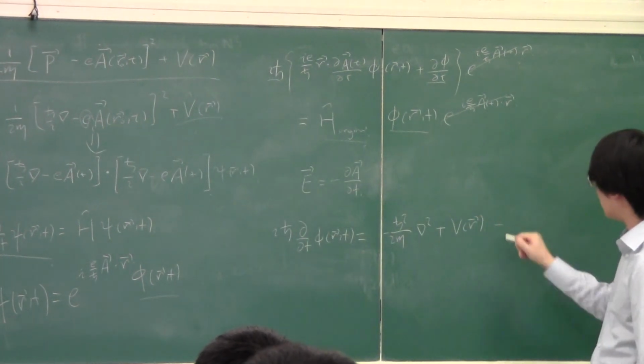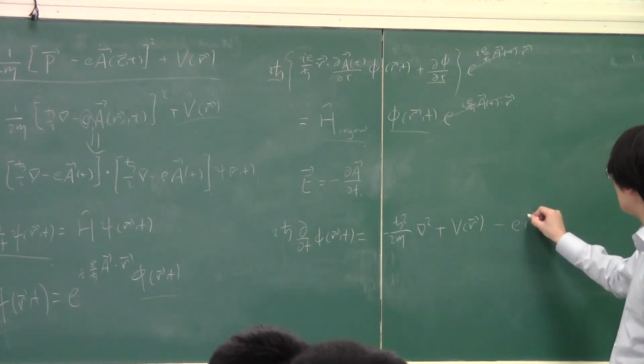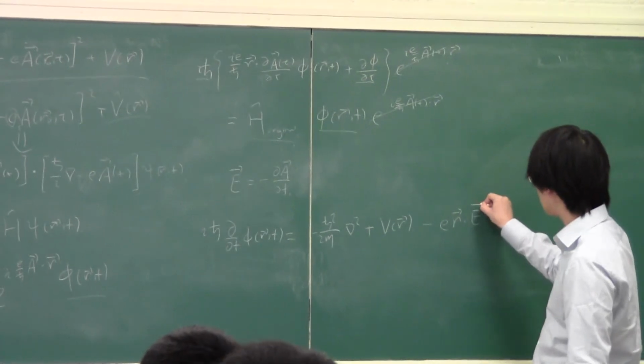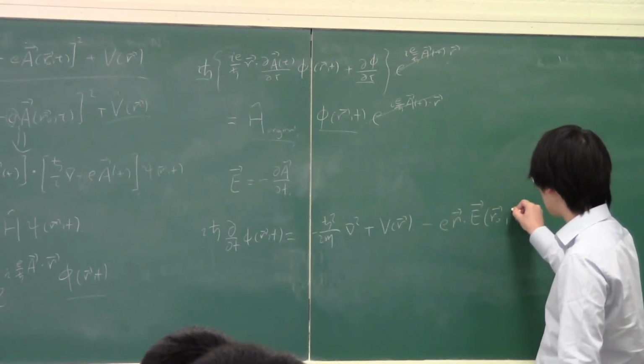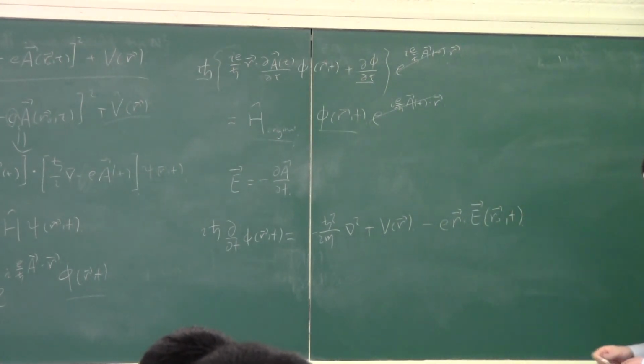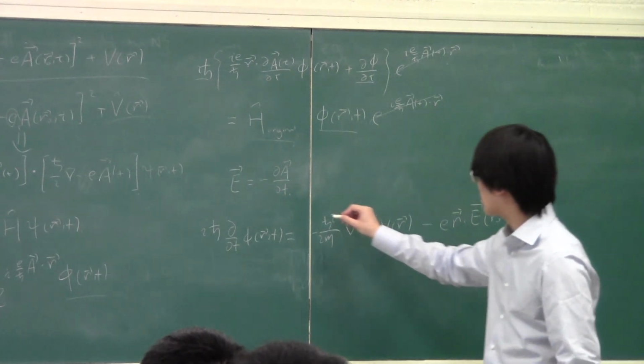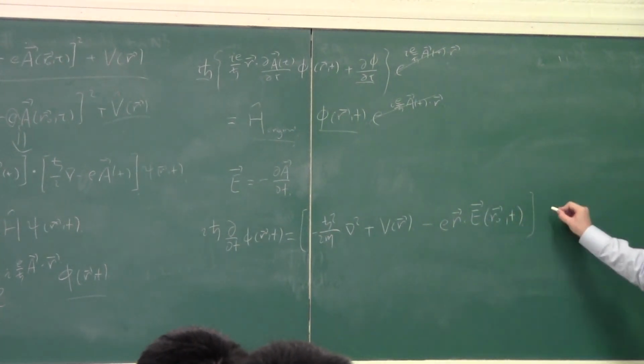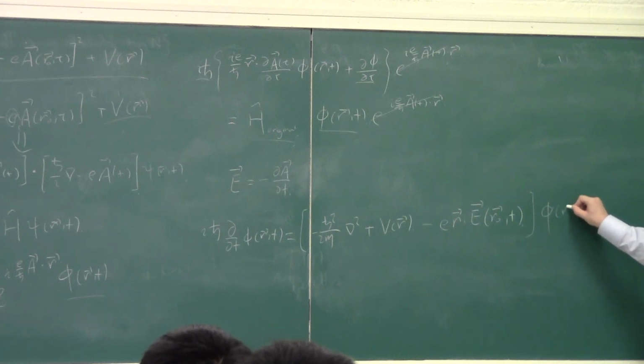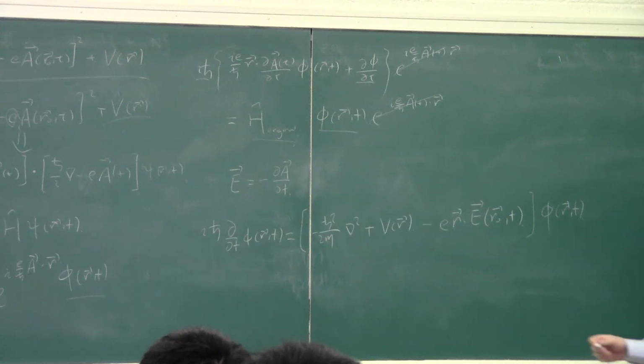I take it over here, it's going to be a minus sign, R dot E, and the whole thing operating on this original wave function. So this is the dipole coupling component.